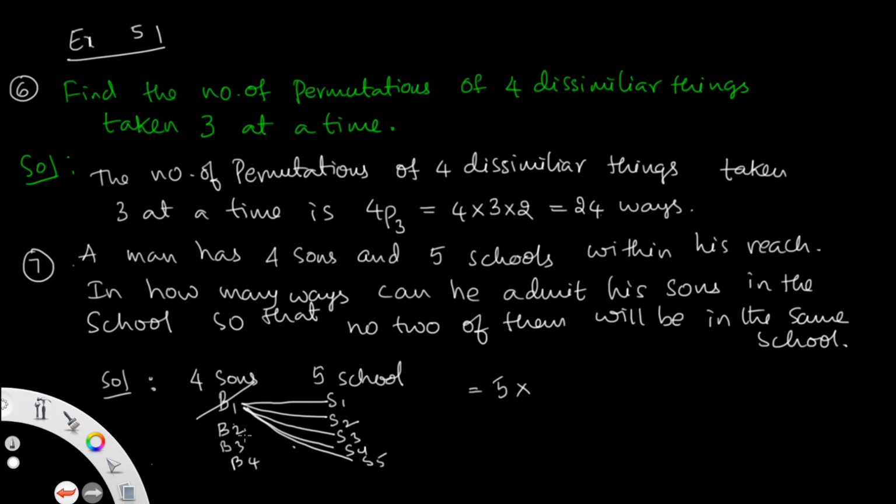Then go to the second person, so one choice is over. Next, boy 2 has 4 ways to join a school. Similarly, the third person has 3 ways, and for the fourth person there are 2 ways only.